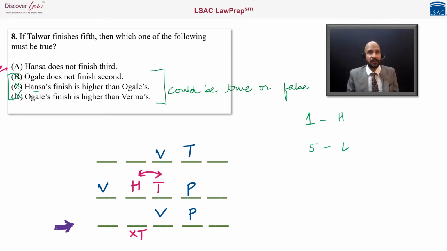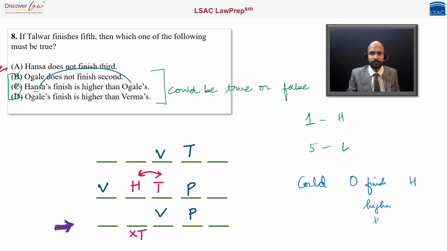So C is saying H finishes higher than O. Now you're asking yourself whether this could be false. So you're asking yourself, could O finish higher than H? If the answer to this is yes, it means you can eliminate this option.